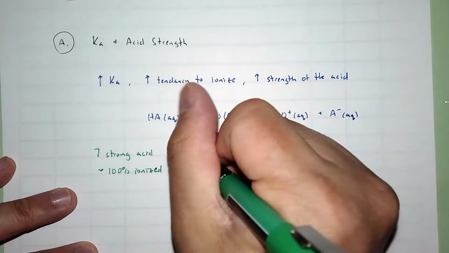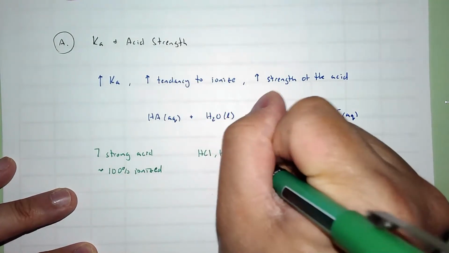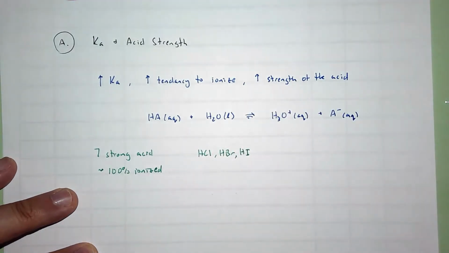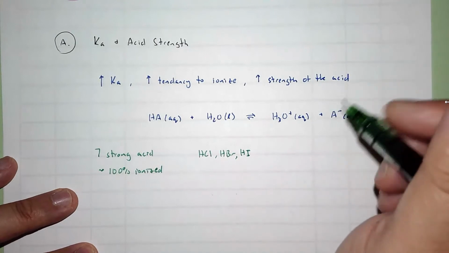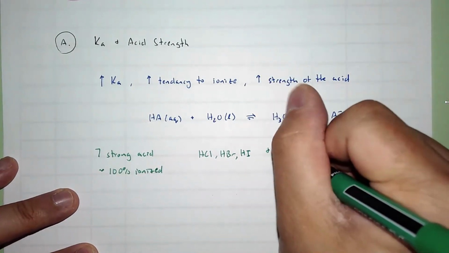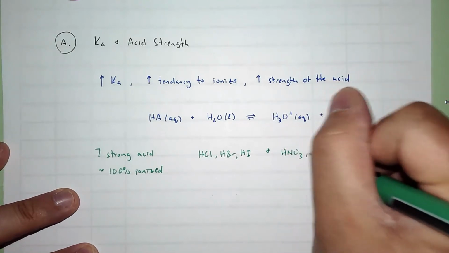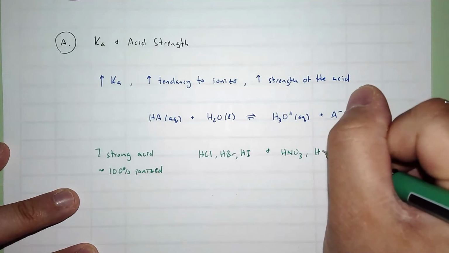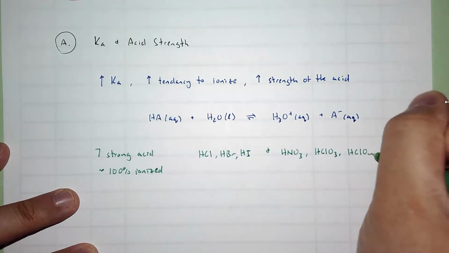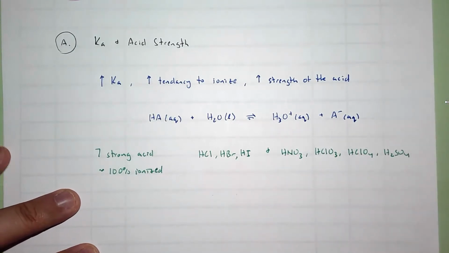And that is HCl, HBr, HI, the hydrogen halides, or the halide acids, and I'll break them up into 2 sets. This one you want to memorize: nitric acid, chloric acid, perchloric acid, and sulfuric acid. Sulfuric acid is the one that is diprotic.